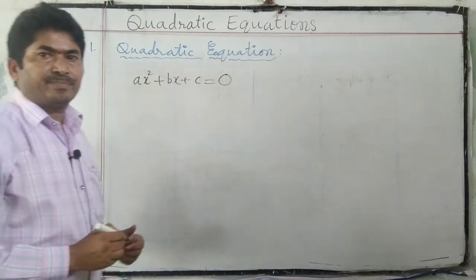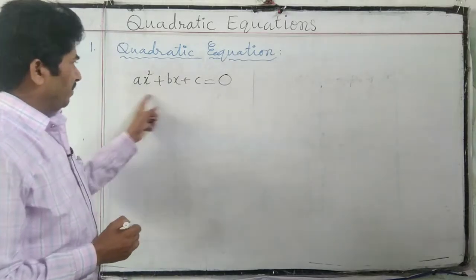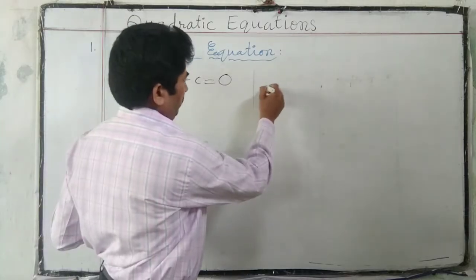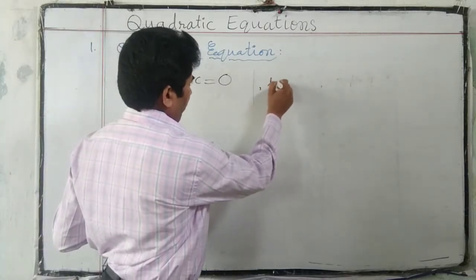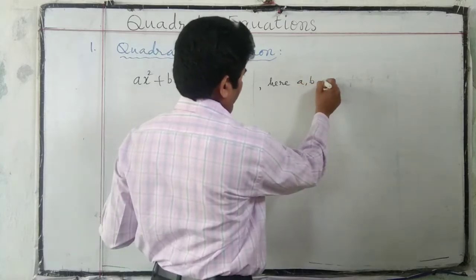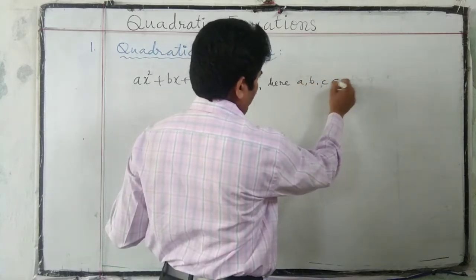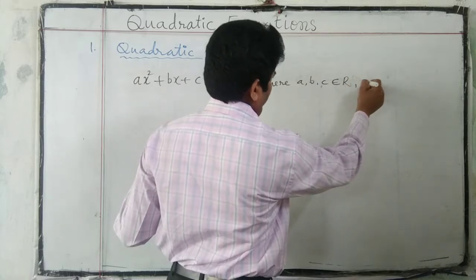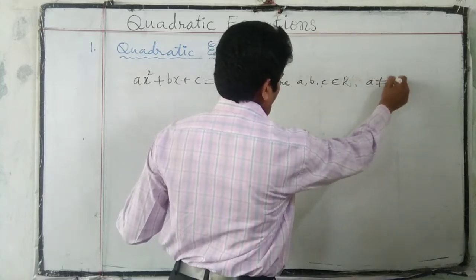So this is a quadratic equation. Here a, b, c belongs to real numbers and a is not equal to 0.